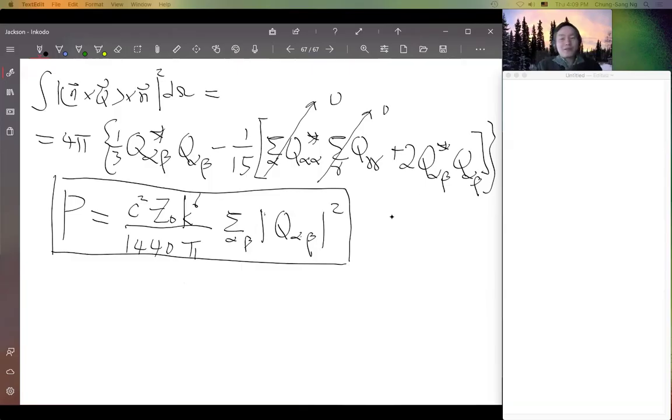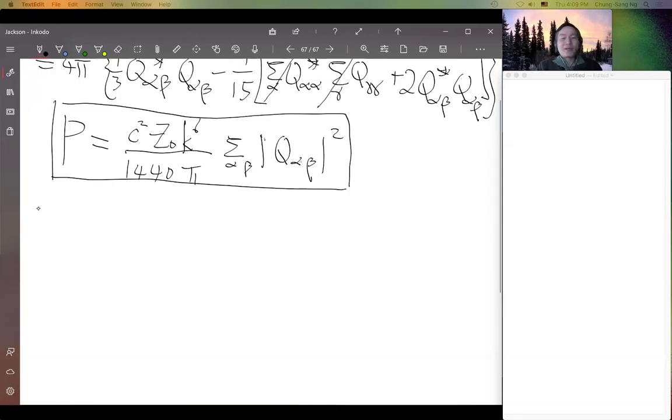So the process to get to the final point is kind of tedious, but the final form is actually quite simple. All you need to do, once you calculate this electric quadrupole tensor, is sum over the absolute value squared of each of the 9 components of the quadrupole tensor. You get this factor, and then the rest is just multiplied by this coefficient. So it's not too bad after all.